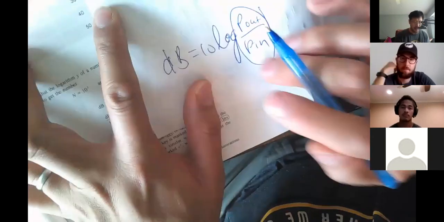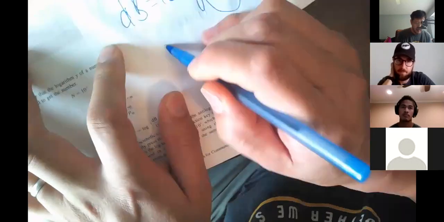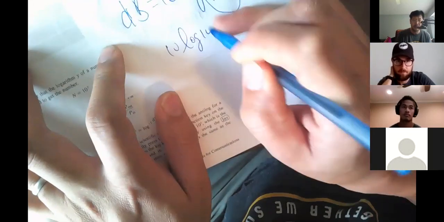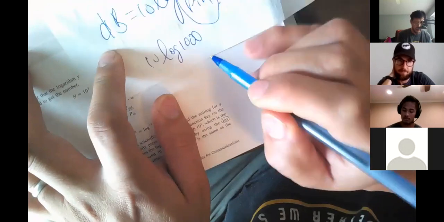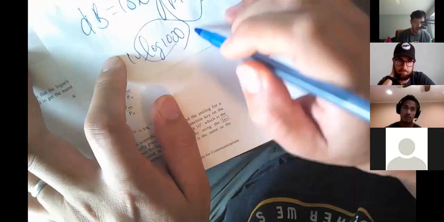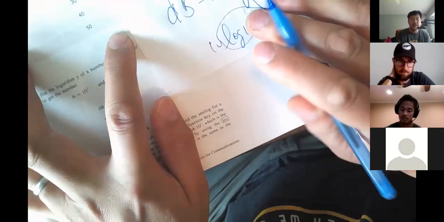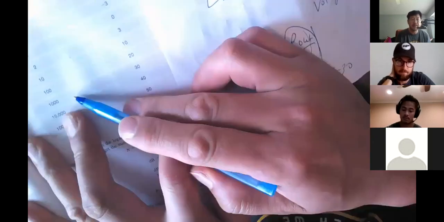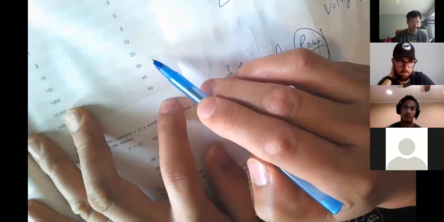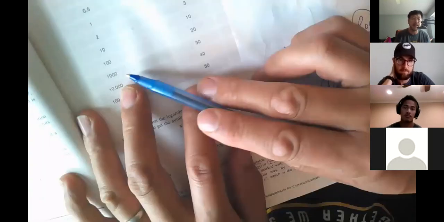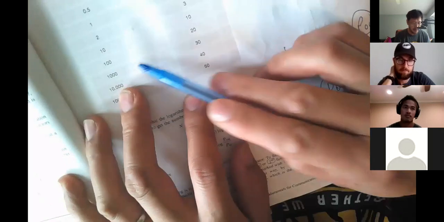Plug in 1,000 here: 10 log 1,000. What is log 1,000? It equals 3, so 10 multiplied by 3 equals 30. So that's right here. A ratio of 1,000 is 30 dB.